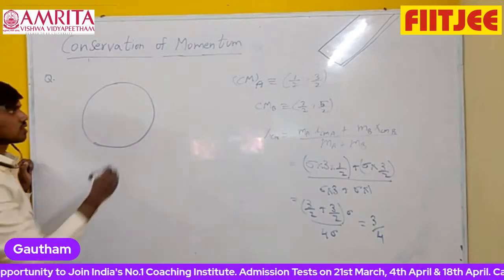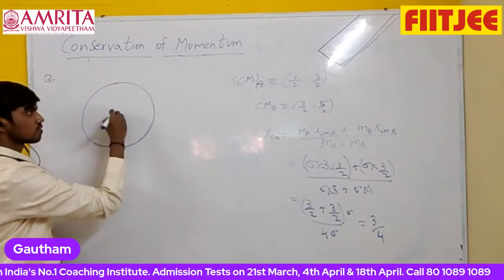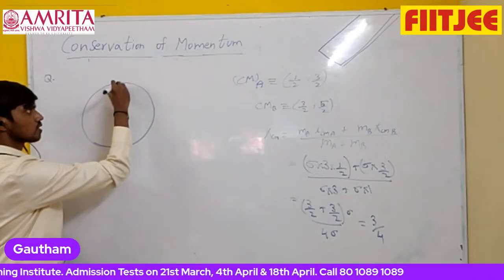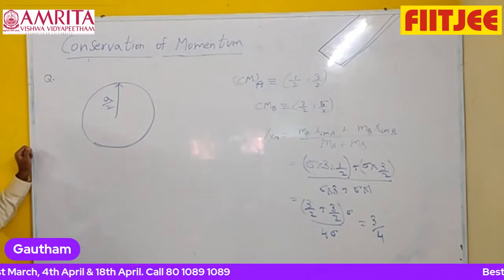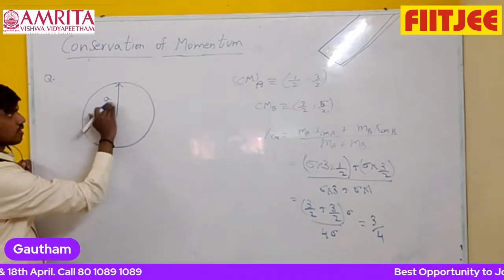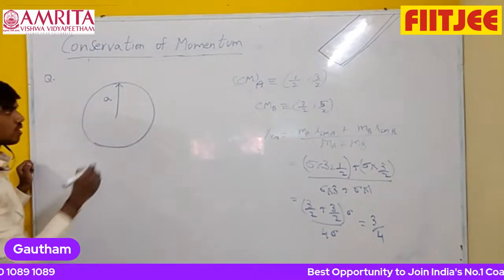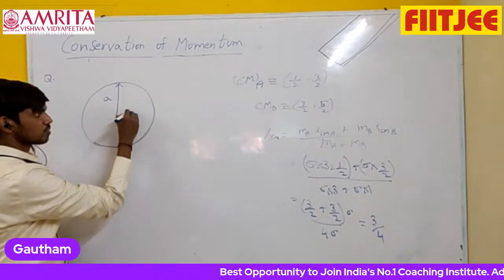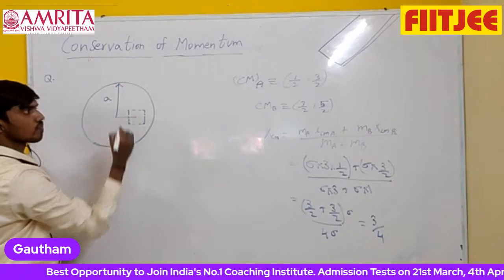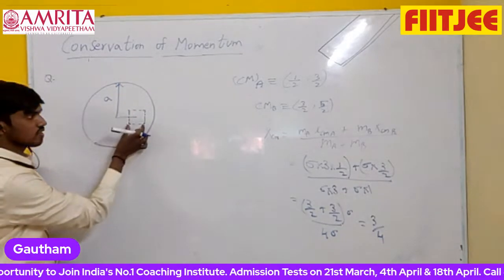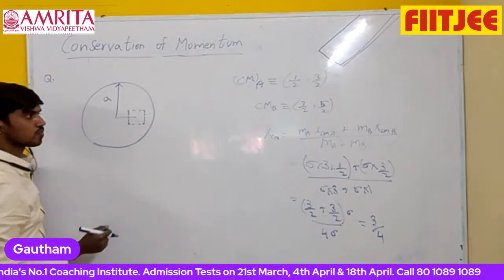So you have a disk of radius a. So at a distance a by 2, you are removing a square whose side is also having length a by 2.